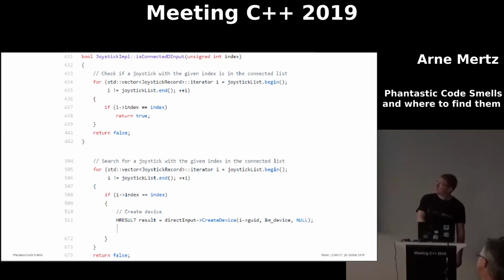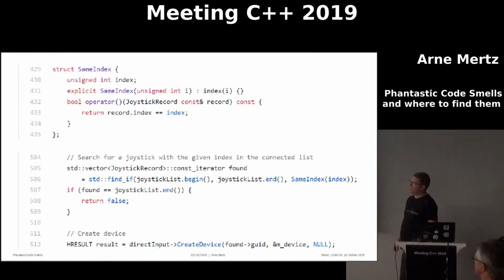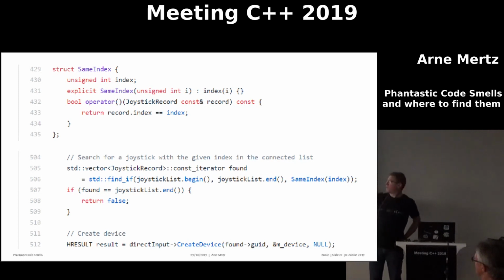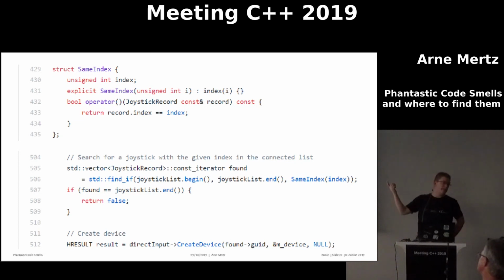So with C++03 not having lambdas and so on, this is a bit more verbose. But the second function is basically, I'm looking for the joystick that has the same index as I put into the function. So I have the same index function object up there, a callable object. It just returns true when the index is the same.